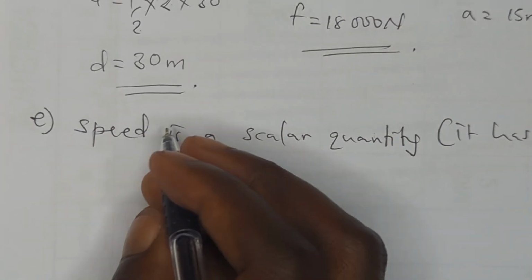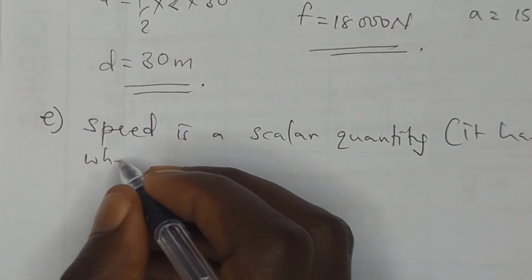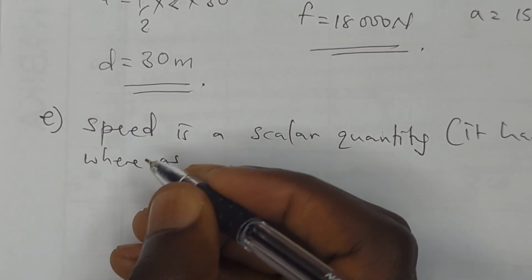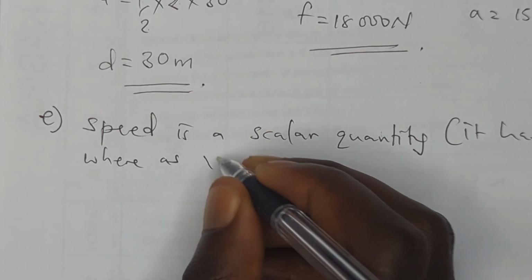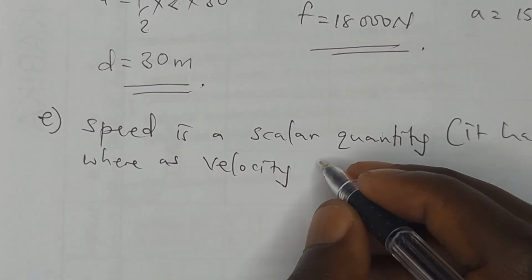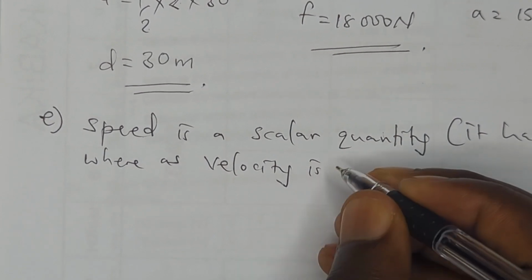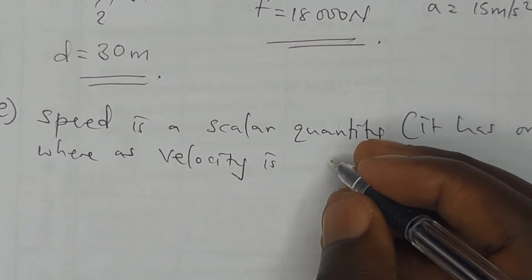Whereas velocity, so for velocity, velocity is a vector quantity.